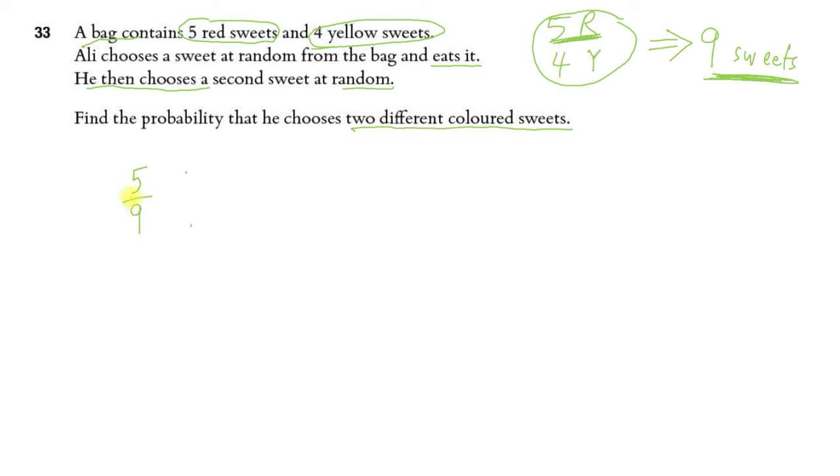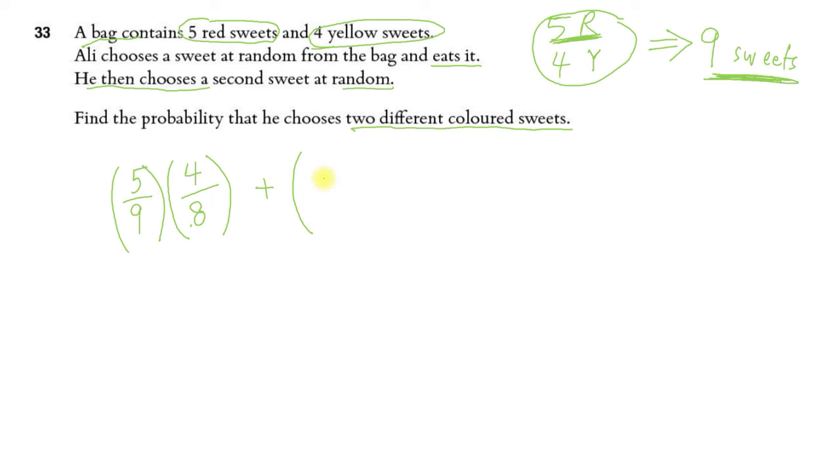Okay? And they want 2 different colors. So if the first try is a red sweet, his second selection should be a yellow sweet. It's 4 over, this time your total is 8 because he has eaten 1 sweet, right? Which is the red sweet. So 5/9 times 4 over 8.